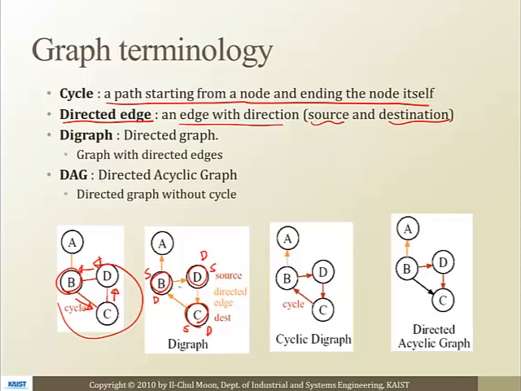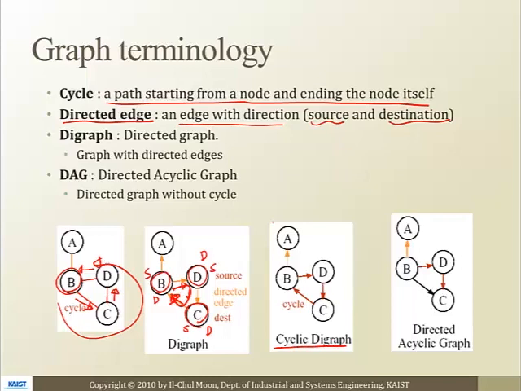Actually, yes. From B to D, D to C, C to B again. It means that there is a cycle coming back to B. So this is a cyclic directed graph. So we call it a cyclic digraph.